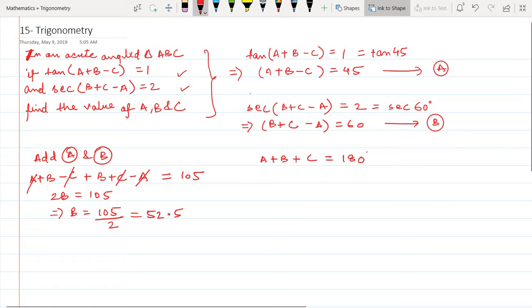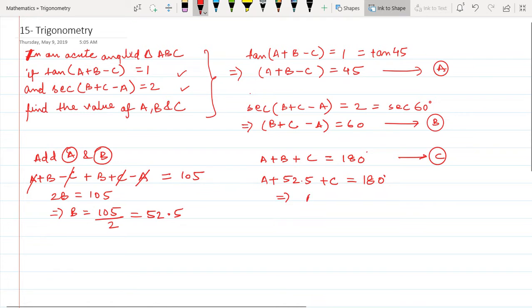Now you have to remember here that, let me call this equation C. If I put 52.5 here, then what I get is A plus 52.5 plus C is equal to 180.